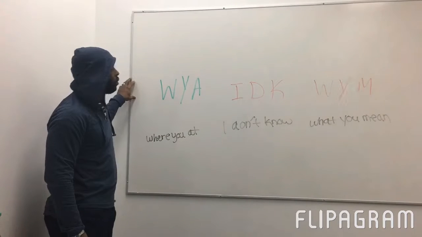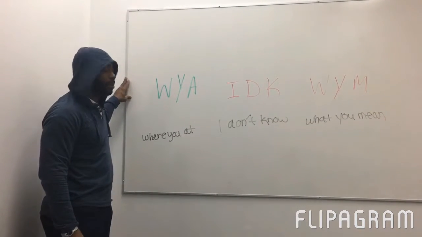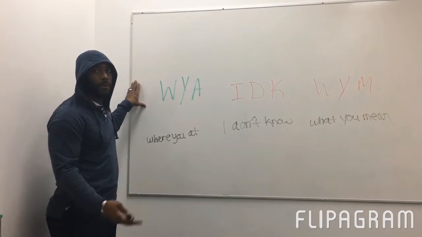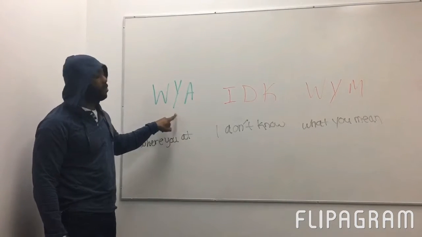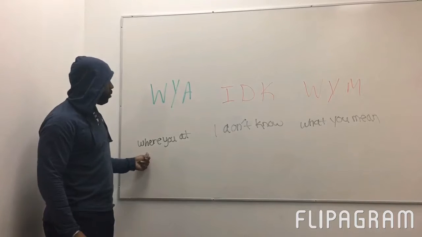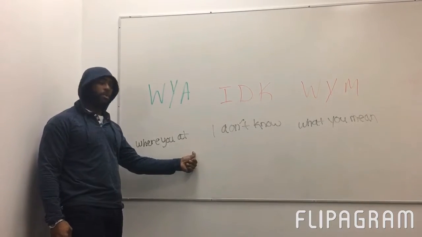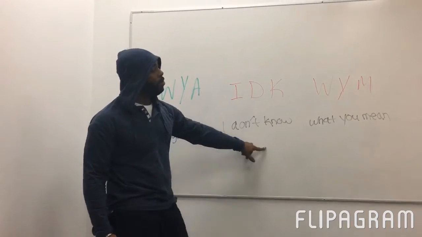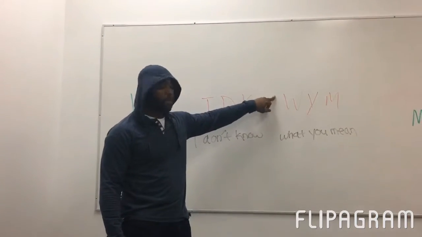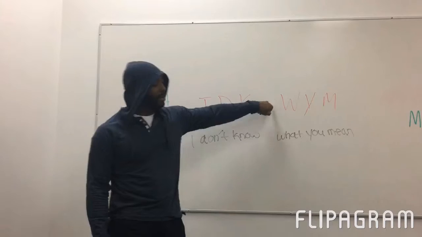So we have three letters. These three letters individually have very little or no meaning. But when you put them together, you take the three letters WYA. That can translate when you're texting into where you at. IDK translates into I don't know. And WYM is what you mean.